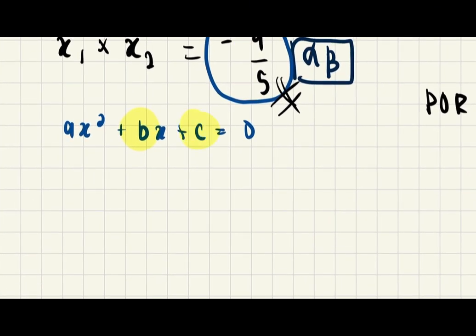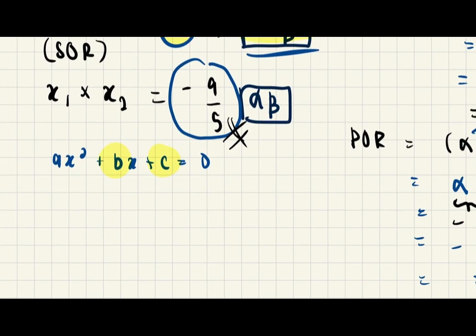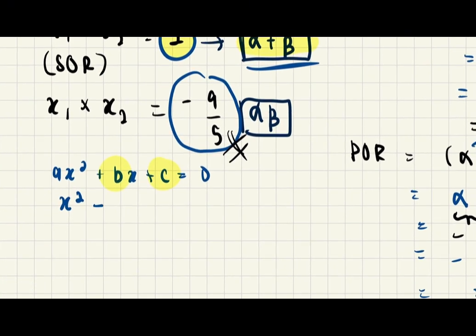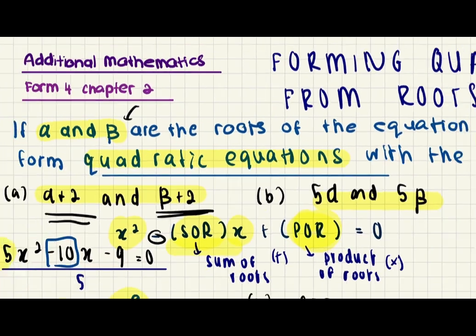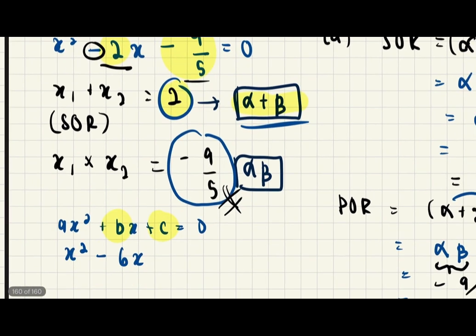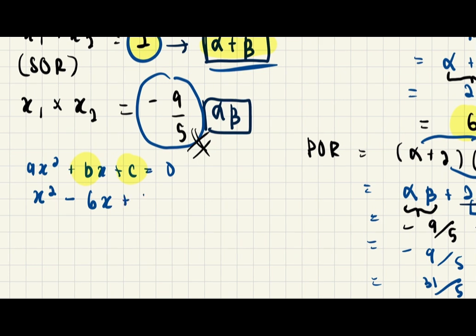So we can put in the question, x squared, and then we got here 6, minus 6x. Why I put minus? Because in the formula here, it's x squared minus SOR x. And then you plus 31 over 5, you get 0.